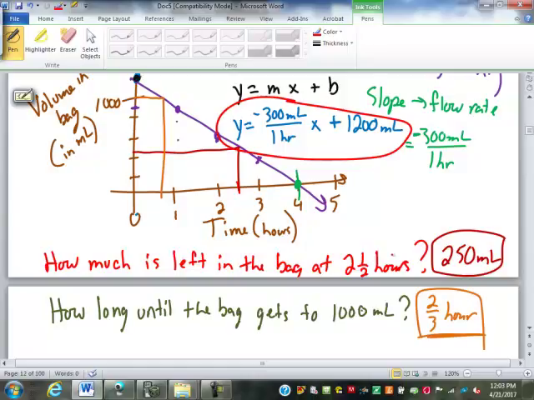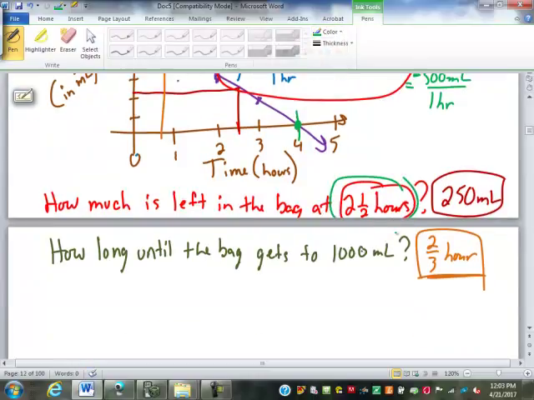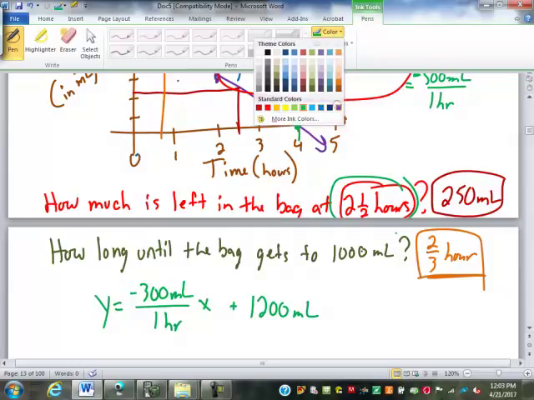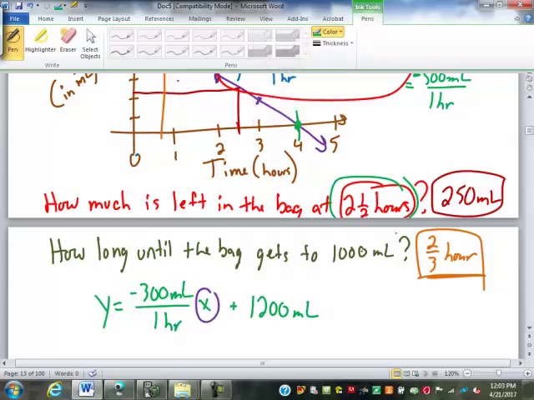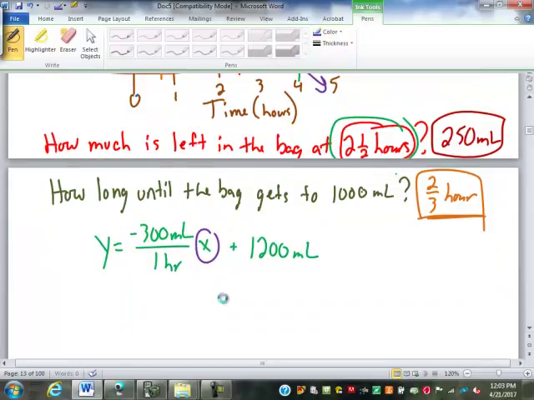So now, going back to this first question, how much is left in the bag at 2.5 hours? Well, we'll use our equation there. X in this case represents the time, so 2.5 will go in for x.